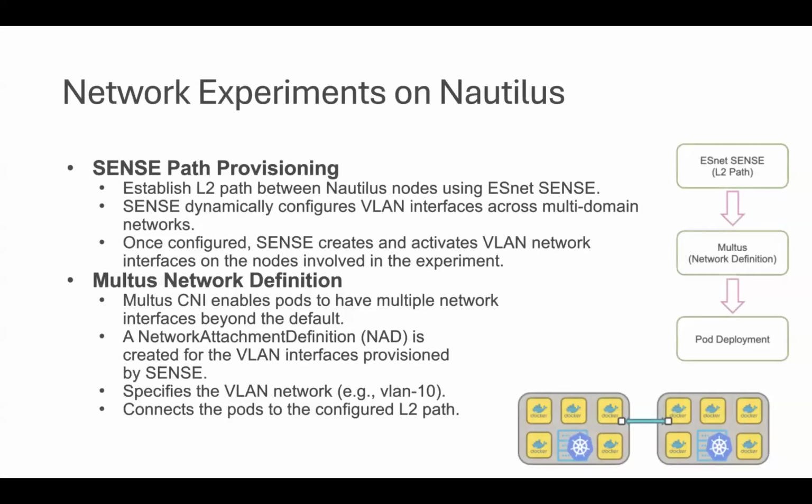How is that done on Kubernetes? We rely on SENSE, and ESnet SENSE has an orchestrator that dynamically configures VLAN IDs and VLAN ranges for establishing L2 paths. What that means is that users on NRP can use SENSE to start an L2 path over a VLAN tag that starts an interface on the physical node.